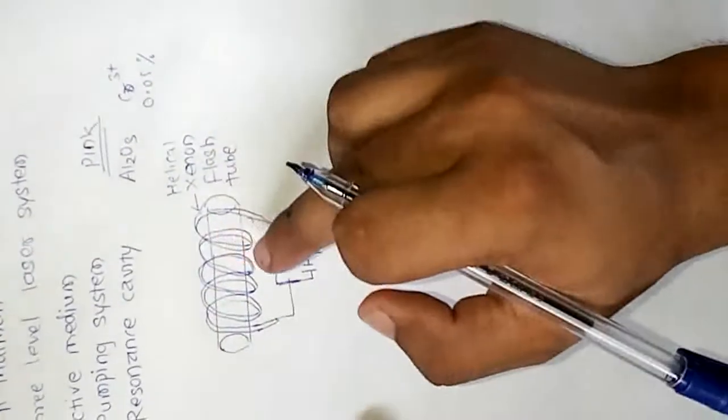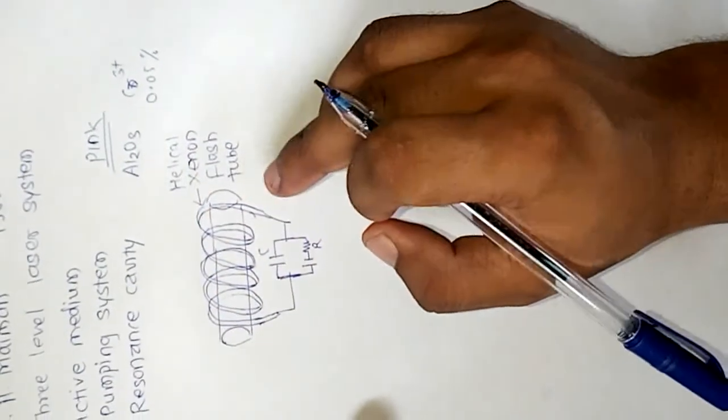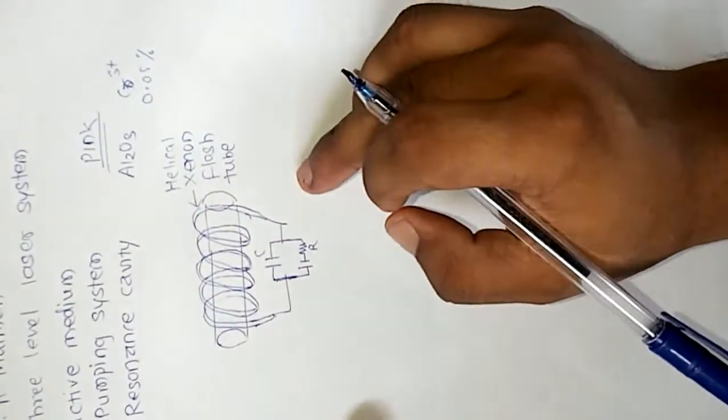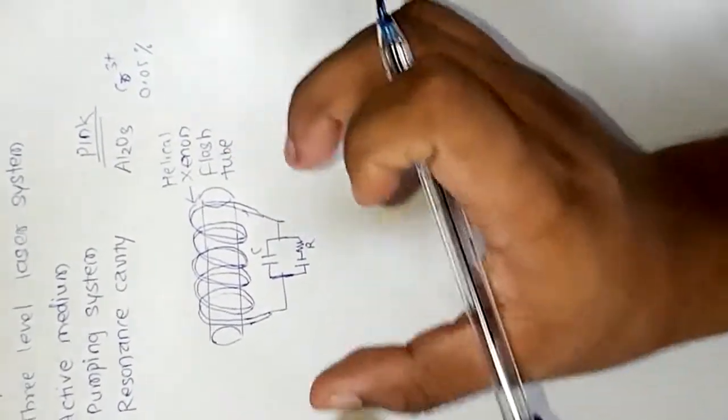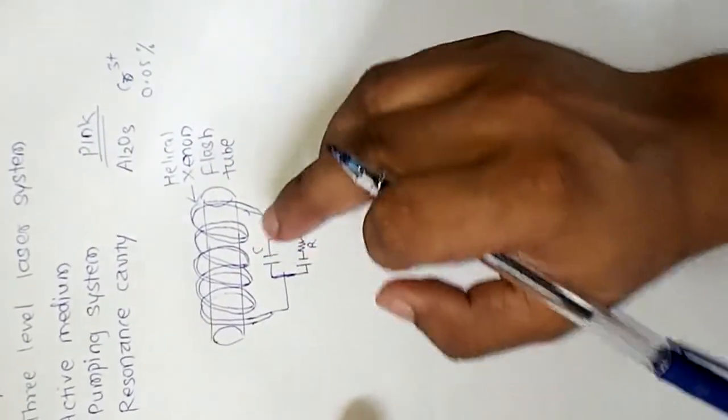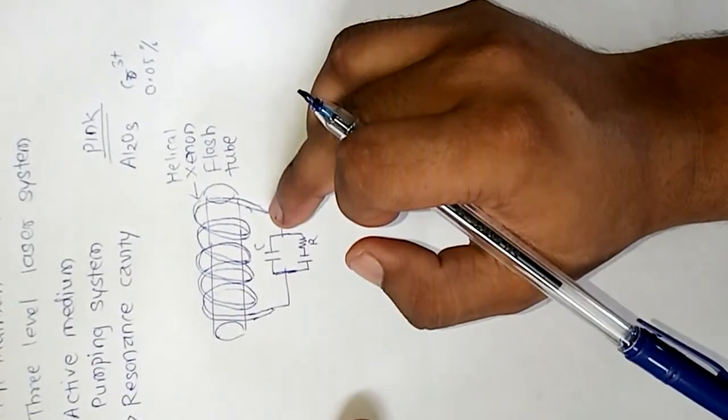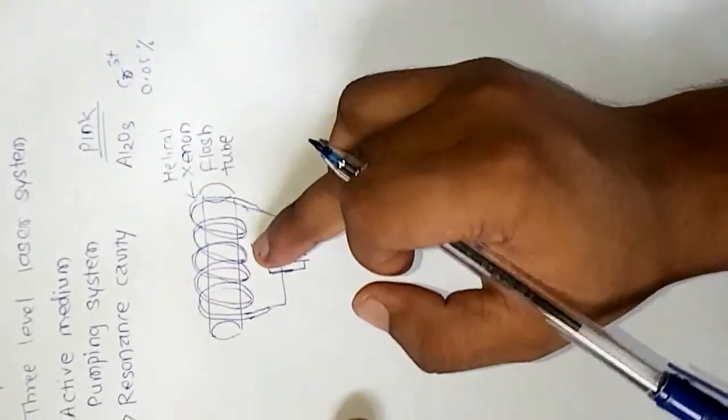Then why do we use this helical xenon flash tube or flash lamp? The reason is, in the initial condition, if we consider atoms or molecules, the number of electrons in the ground state is more than the number of electrons in the excited state.